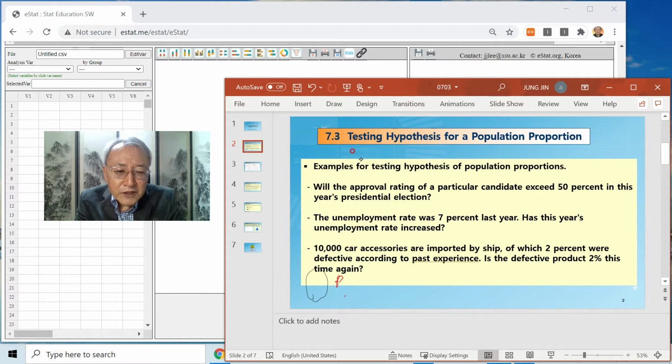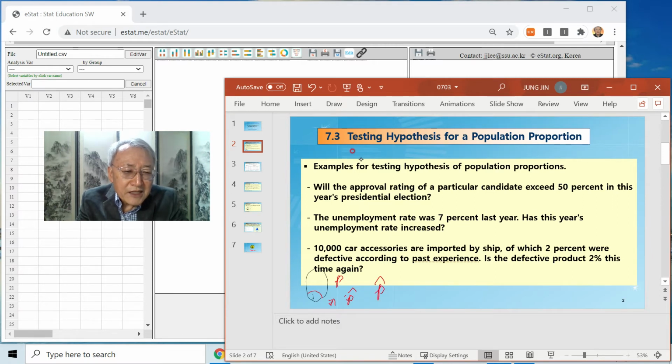In order to do that, I collect a sample of size n, and then we check the sample proportion. Using this, we can do the estimation of population proportion using this sampling distribution.